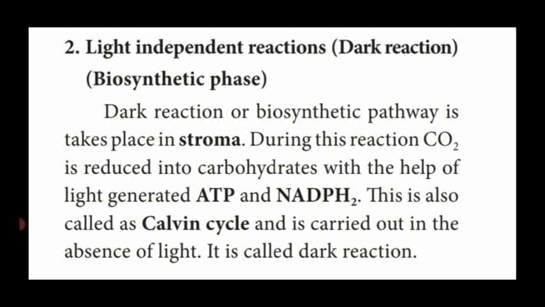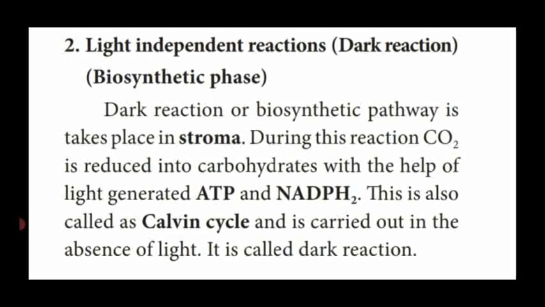the chemical substances generated in the light dependent reaction or Hill reaction, ATP and NADPH2. So with the help of the ATP and NADPH2 produced in the Hill reaction, the plants convert carbon dioxide into carbohydrate.